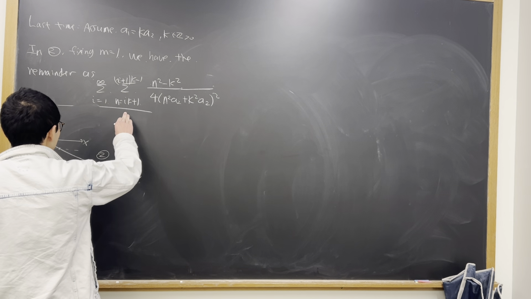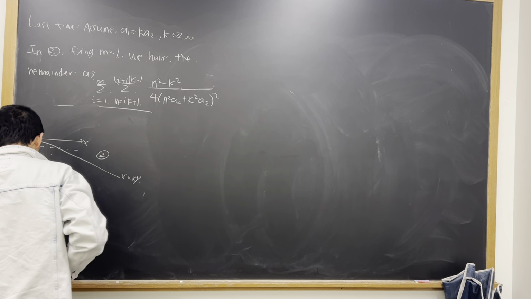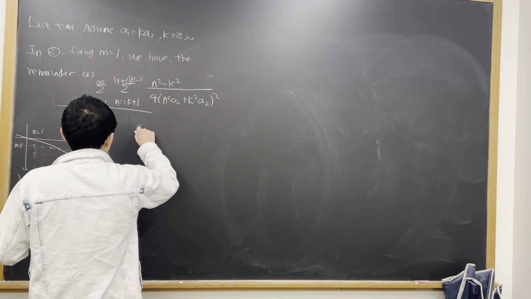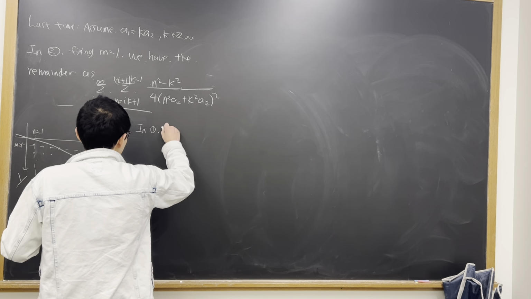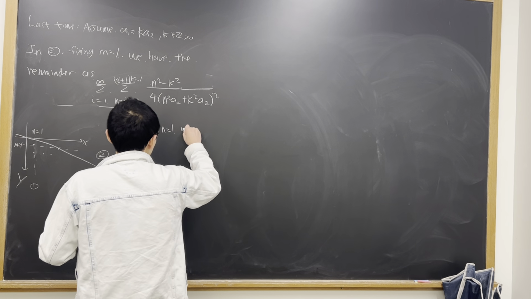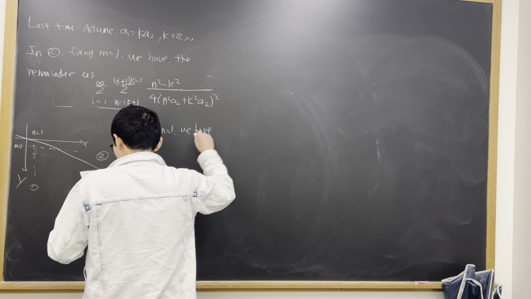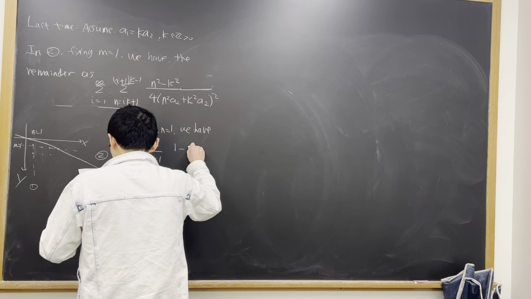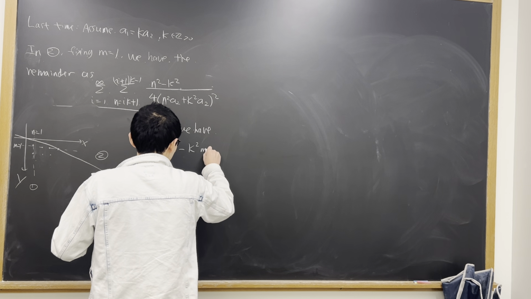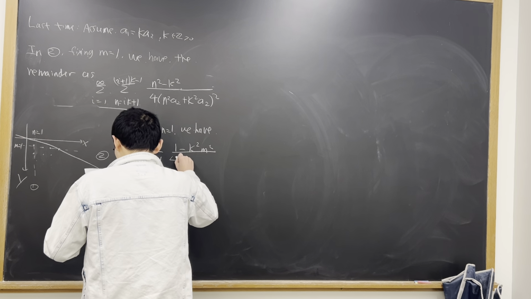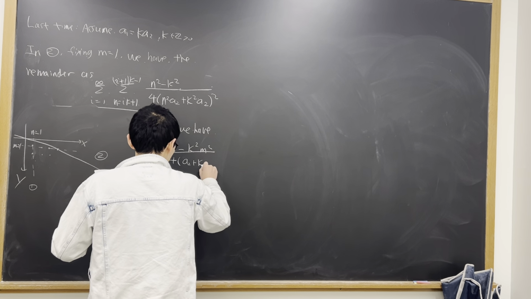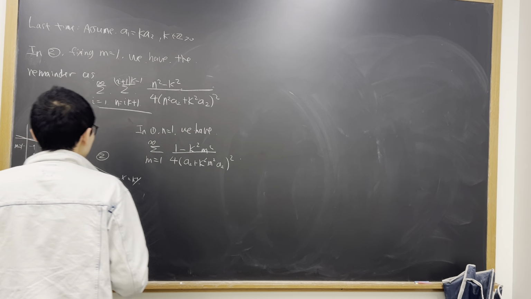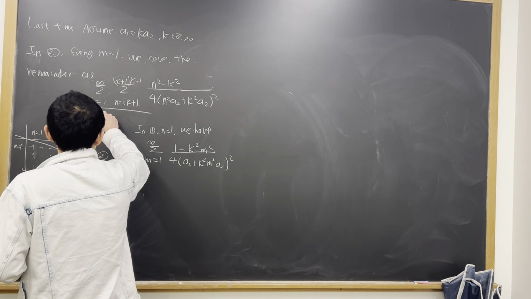I think there might be a problem here because in 1 we are also fixing n equal to 1, and we have the sum as summation m equal to 1 to infinity of 1 minus k squared m squared over 4 times a2 plus k squared m squared a2 squared.